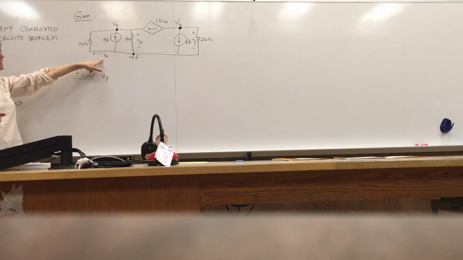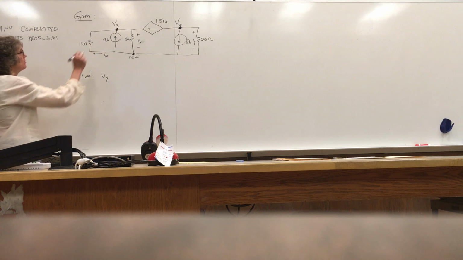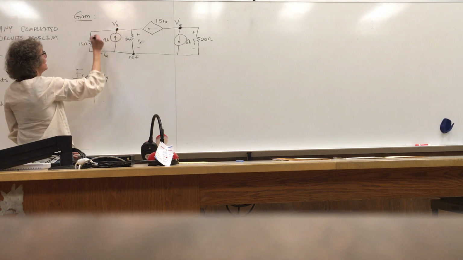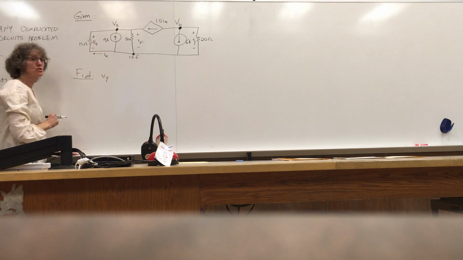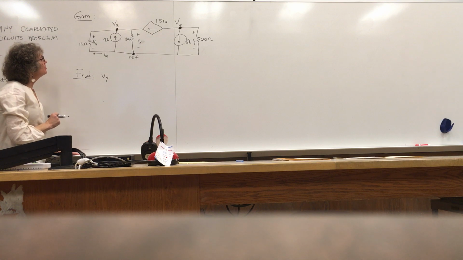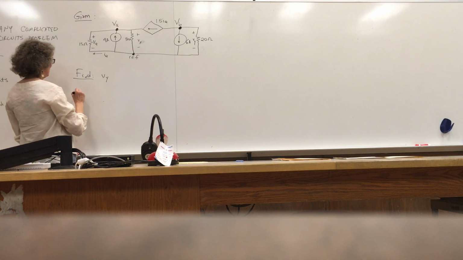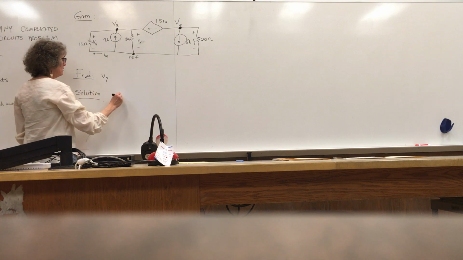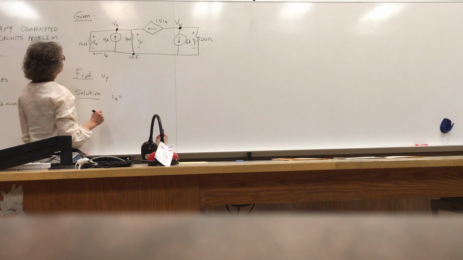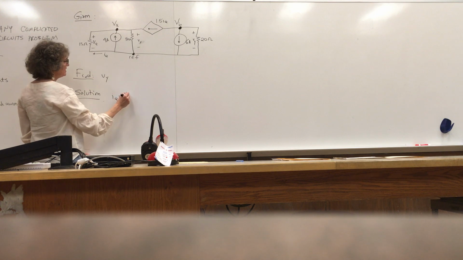Can I write IQ in terms of node voltage? Yes, because look at this node voltage here is VA, which is the voltage across that 15 ohm resistor. So, using Ohm's law, IQ is VA over 15.